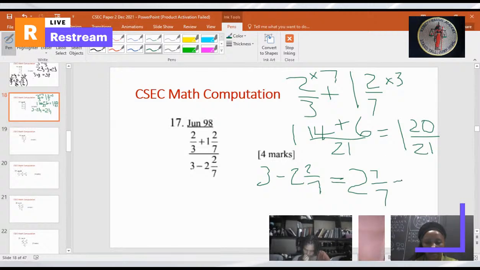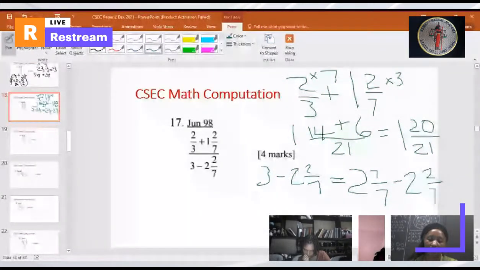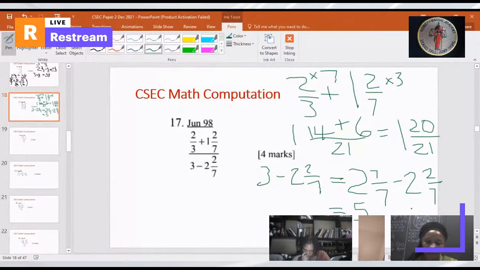So 2 minus 2 is 0. No whole number left. So this would be 5 over 7. So 7 minus 2 would give 5, and then put it back over the 7.